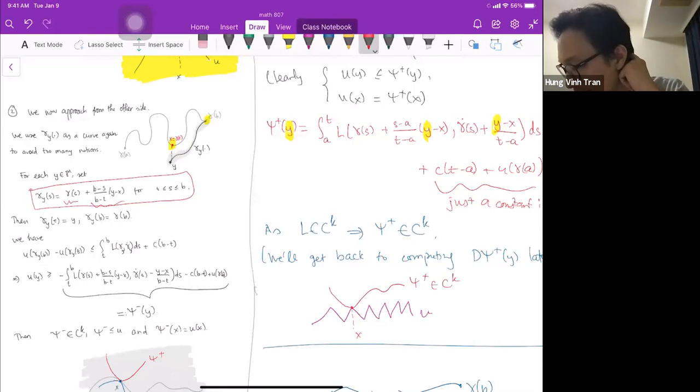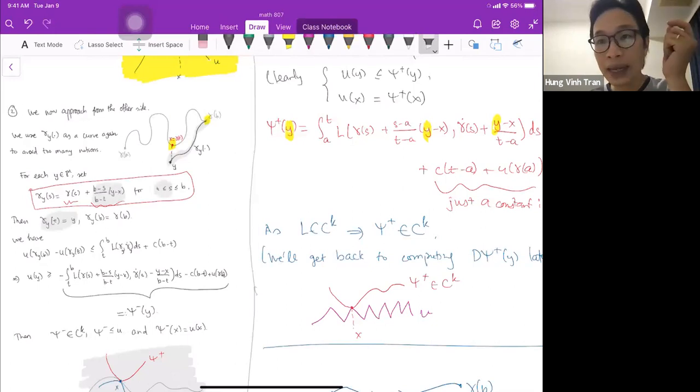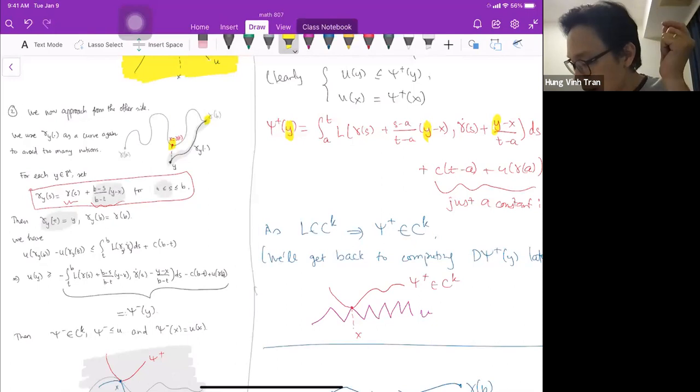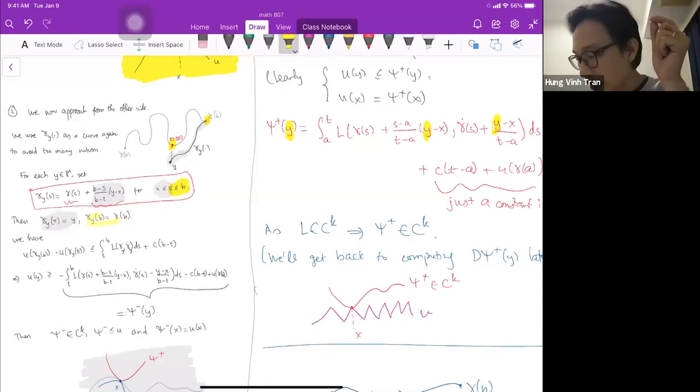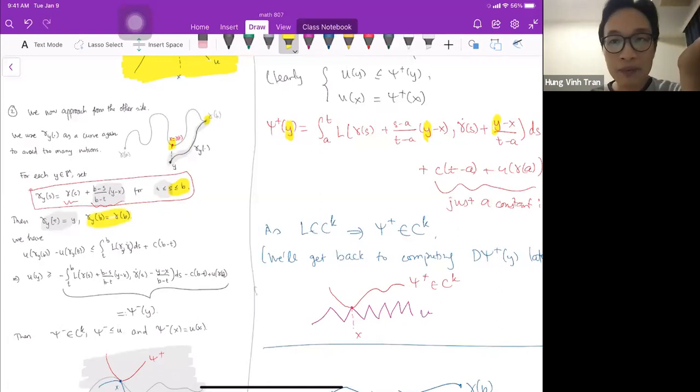At s equals t, this piece is going to be y minus x. So that allows me to have that gamma y of t is going to be x plus y minus x, which is y, right? And then at s equals b, the piece that I'm adding is just 0, because it's going from y minus x to 0 at the end point. So at the final point, gamma y of b is nothing but gamma b. So that's good. That's exactly the curve I'm going from y to gamma b.